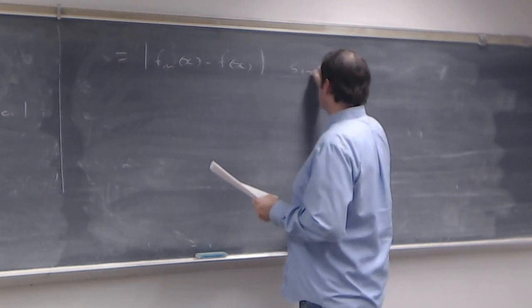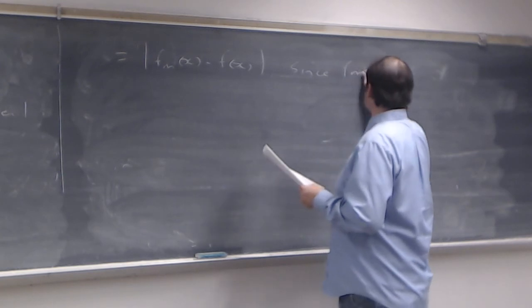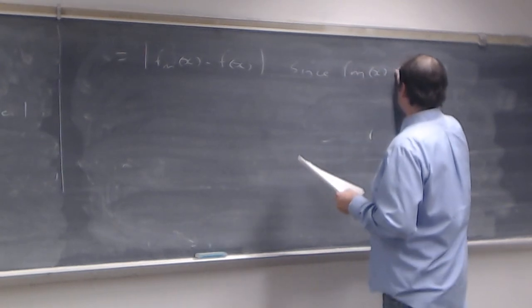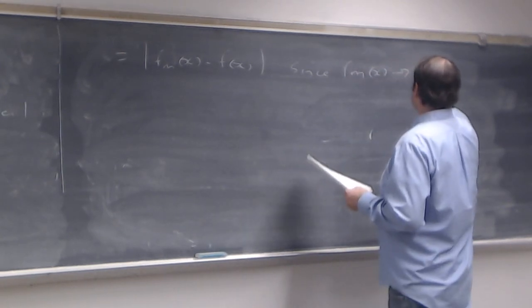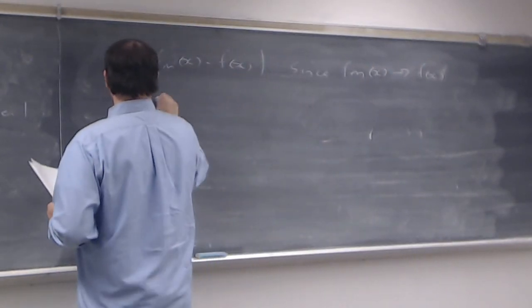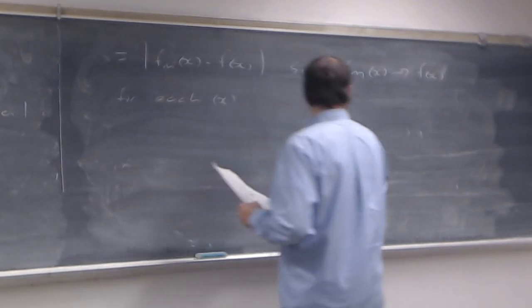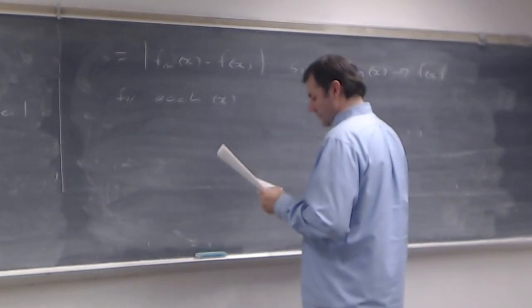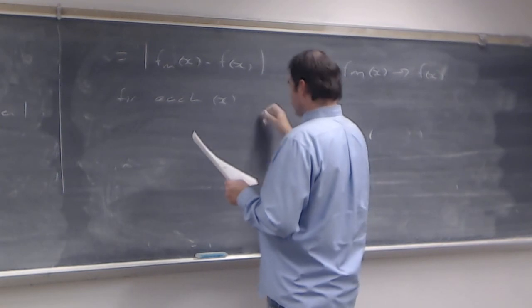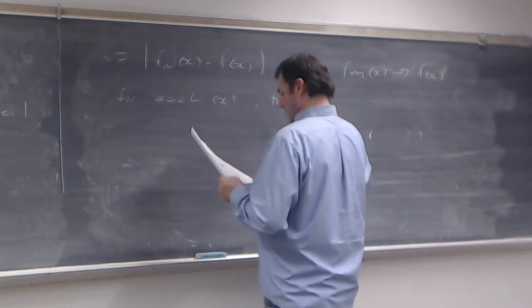Now, since f sub m of x converges to f of x for each x, it's pointwise.